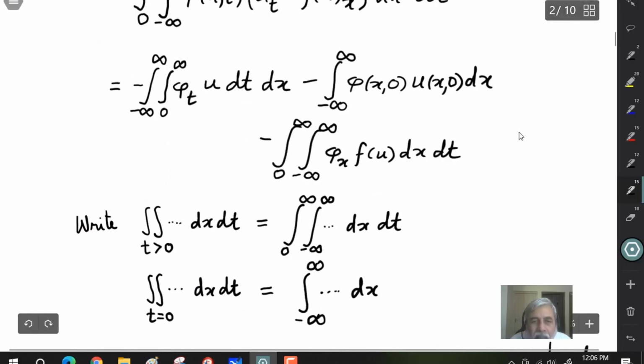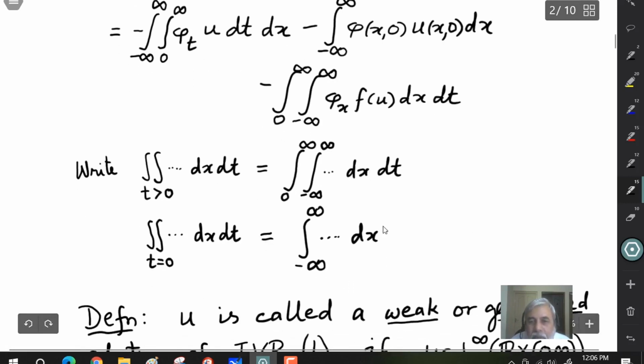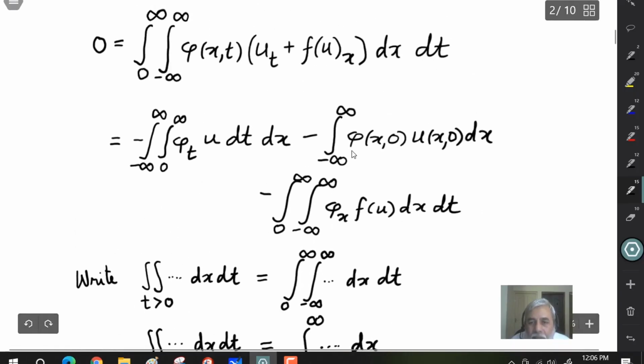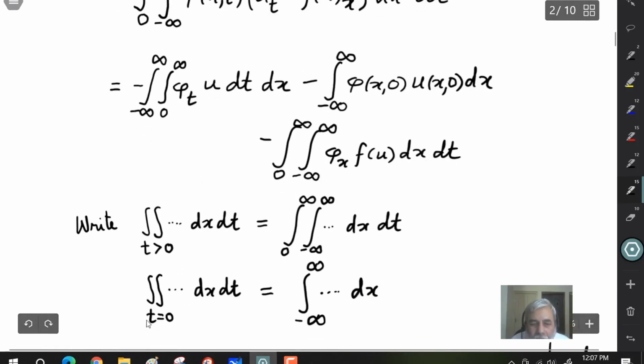For brevity, let's write this double integral over t positive, from 0 to infinity and minus infinity to infinity. And at t equal to 0, it is simply the integration with respect to x, where we put t equal to 0 there.